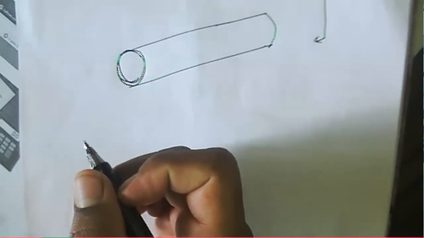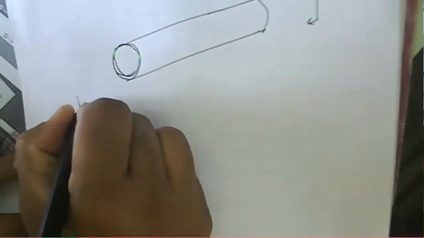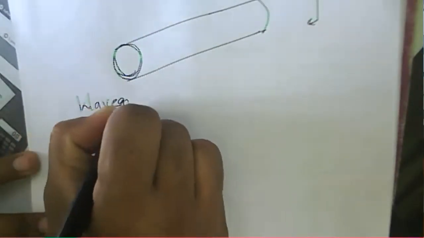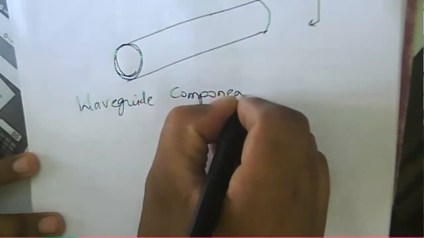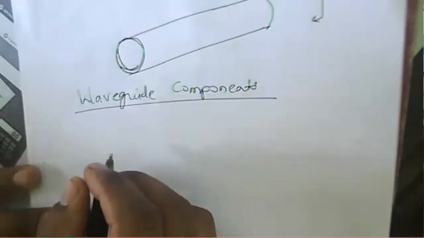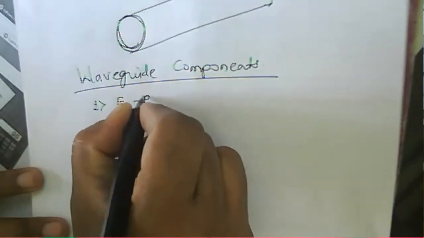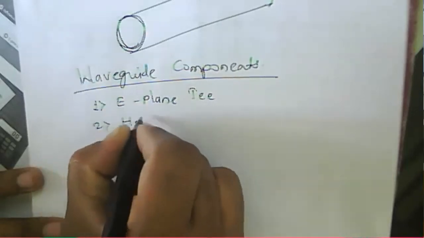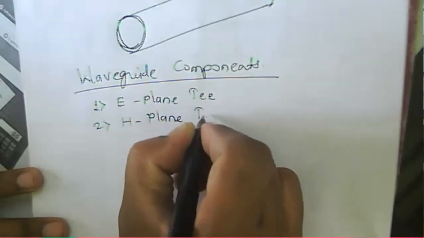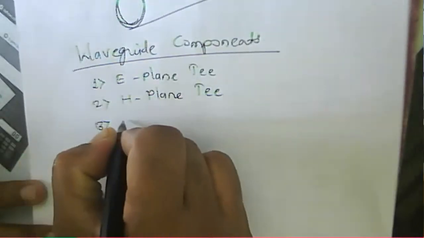Next, we need to find out what the waveguide components are. There are various waveguide components, and they are nothing but the tees: the E plane tee, then the H plane tee. A tee is nothing but a junction. Then the E-H tee.